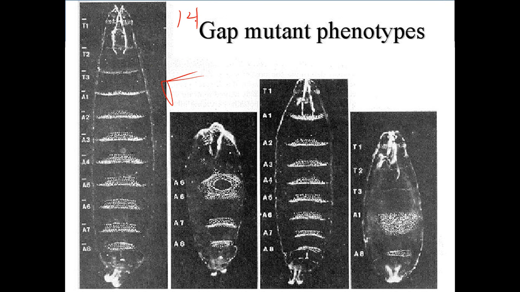Okay, and as you can see, when there's a mutation in any of those genes, it results in a malformed larvae that doesn't have all 14 segments, if you will. And if you're looking here, these right here are abdomen segments, and this right up here are going to be thoracic segments, and that right there will be a head segment, if you will.